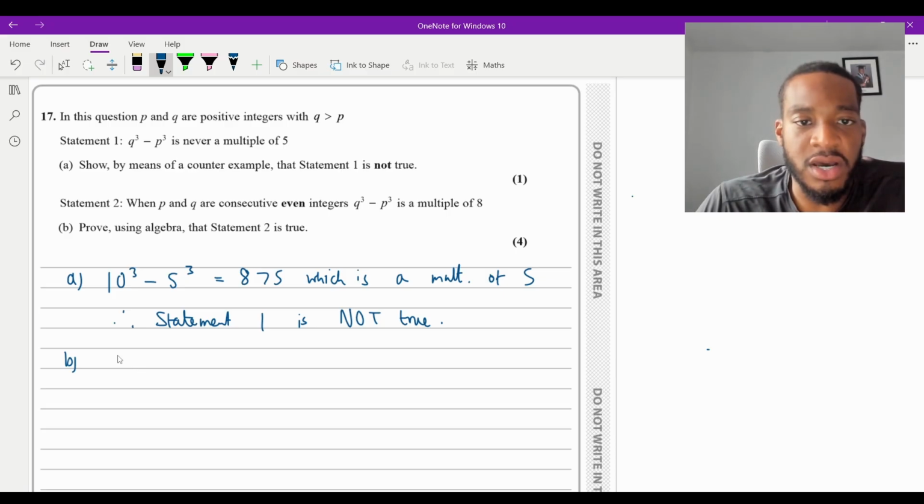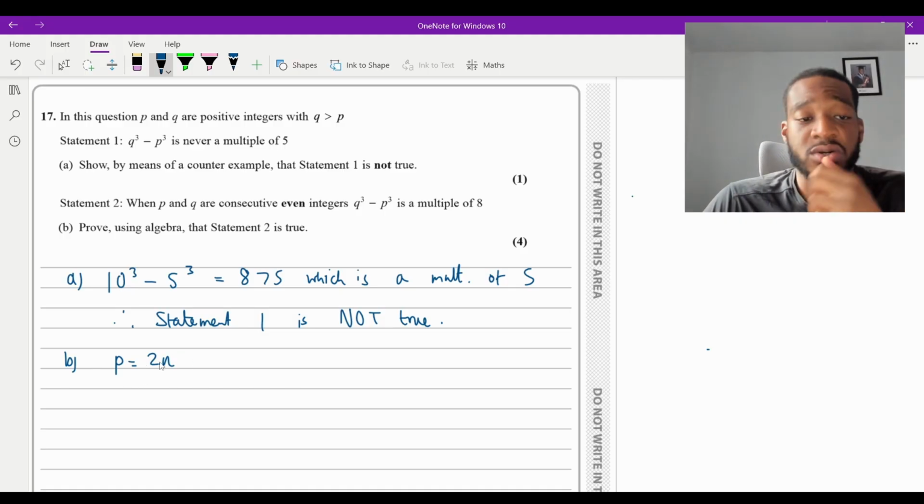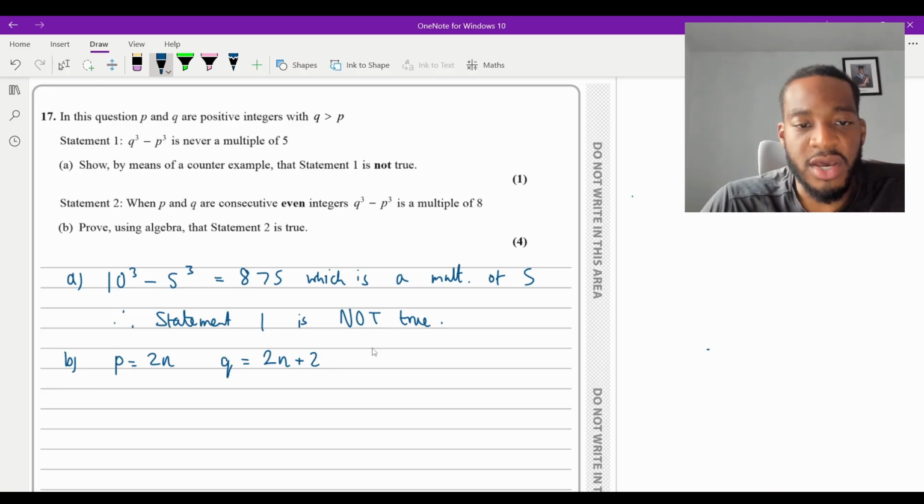I could say, the smaller one, for example, P can be 2n. That could be one integer. Remember, that's an integer times by 2. So I'm going to say P is equal to 2n. And if I want the next even integer after 2n, I'm going to add 2 onto it, aren't I? So I'm going to say Q is going to be 2n plus 2. Yeah? And I'm just going to say n is an element of the integers, just so it's clear to the examiner. We are using integers here.